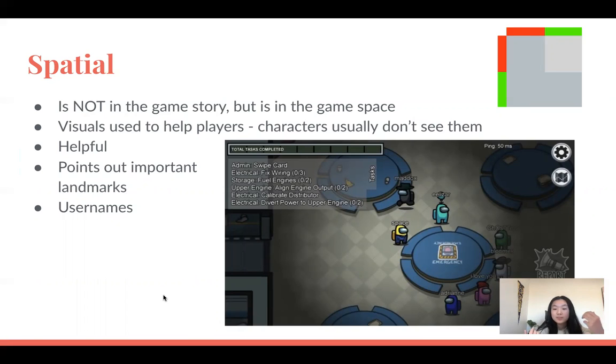As we can see in Among Us, usernames are associated with things in the game space, such as characters, but characters usually don't interact with them, and they help guide you as a player around the map in the game. For example, if the reactor was called in this Among Us game, we would also see a gigantic flashing arrow, and that would also be considered a spatial component.